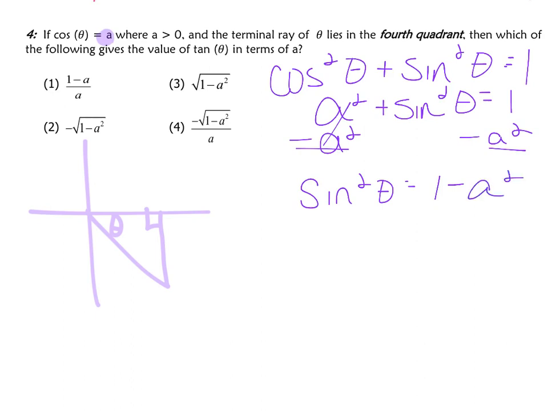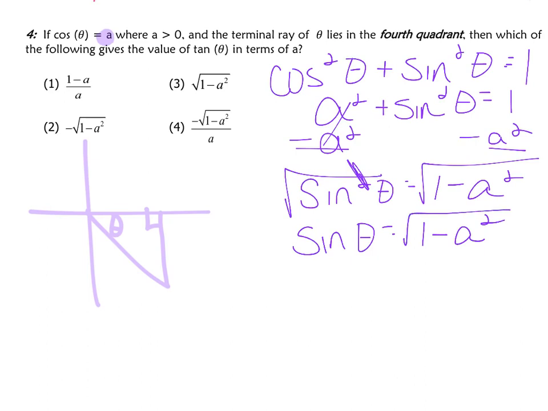Now, my sine is squared. I want to get rid of that squared, so I'm going to take the square root of both sides. Square root cancels a square. So the sine of theta equals, there's nothing I can actually do there. On the right side, the square root does not cancel the square because I have this 1 here, that A squared is not alone. So I'm just going to leave it like that. So that is my sine.